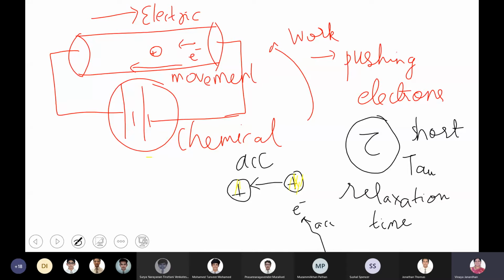That is why the moment it collides, its energy is lost. We will do the derivation part later. I'm just introducing the terminology. So the time taken between two successive collisions of electrons with the positive ion, we call it relaxation time. Only during relaxation time it gets accelerated.